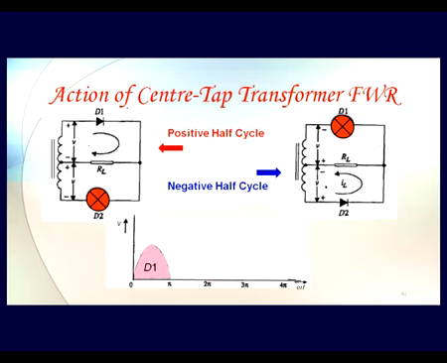If we go to our negative half cycle, in this case, the upper part of the secondary is negative, but the lower part is now positive. Since this lower part is now positive, D2 will be conducting, whereas D1 will be reverse biased. So current is going to flow through D2 and through the load go back to the center tap. Now if you compare these two circuits, the direction of current in both the half cycles with respect to RL is the same.